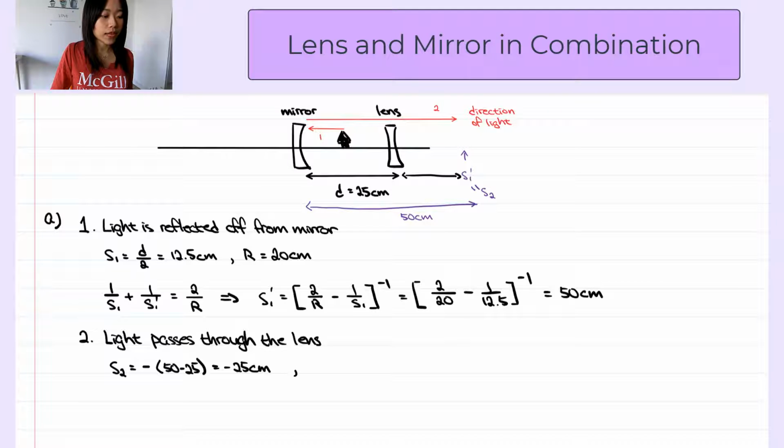How about the focal length, F2? Here we have a diverging lens, so F2 is negative. And the magnitude is given from the problem, 16.7. Then let's use the thin lens equation. 1 over the object distance plus 1 over the image distance equals 1 over f.